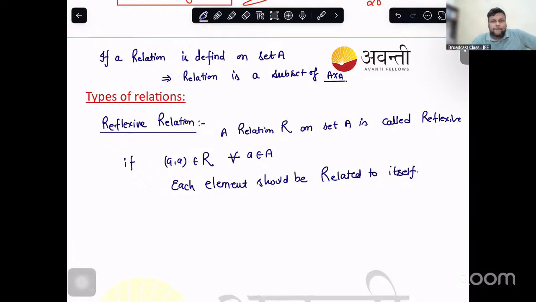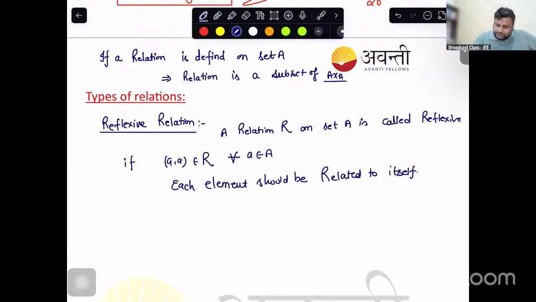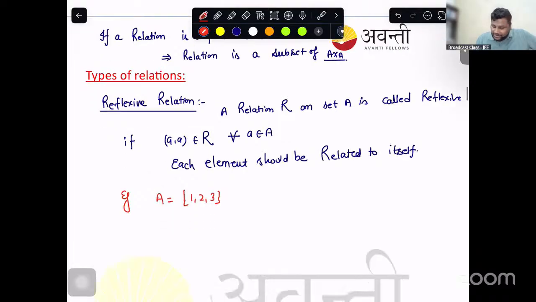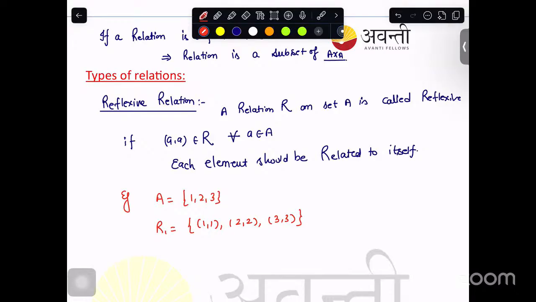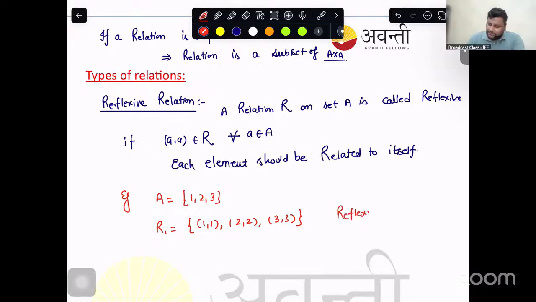For example, like you have a set A as {1, 2, 3}. Now I defined a relation R1 that is having elements (1,1), (2,2), and (3,3). Now tell me, is it reflexive or not? Yes, it is reflexive.